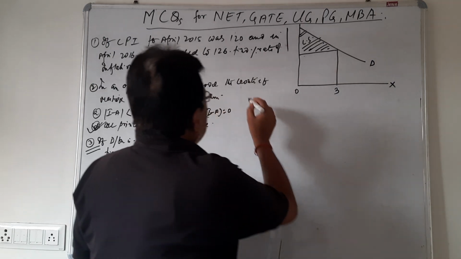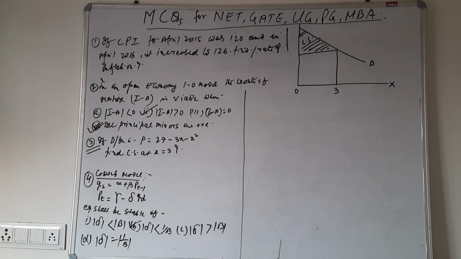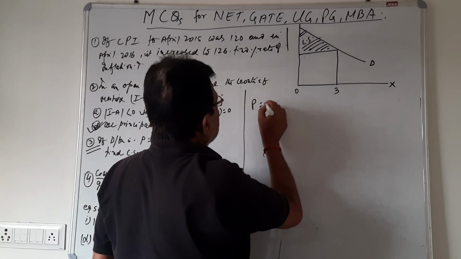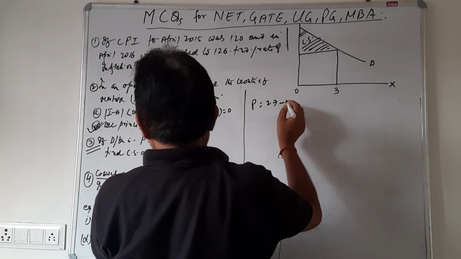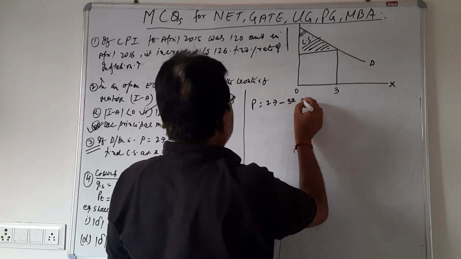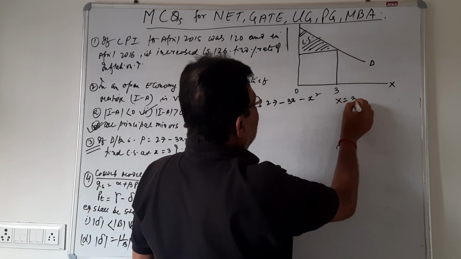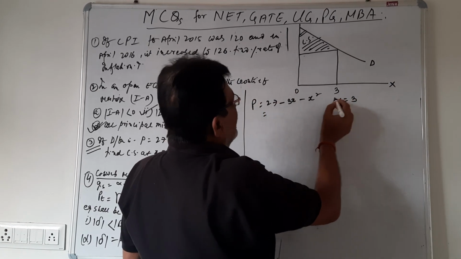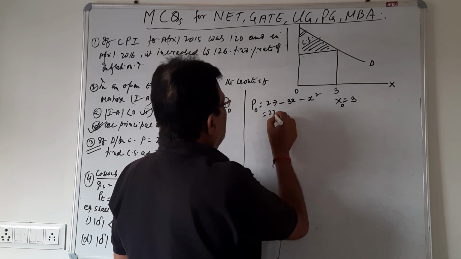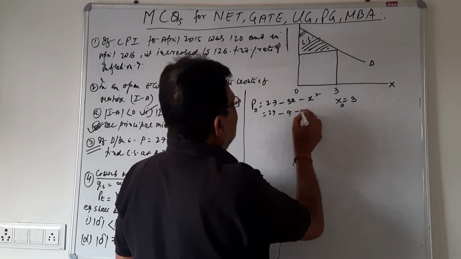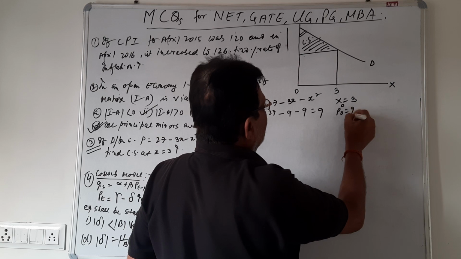Now, the demand function is P equals 27 minus 3x minus x square. Now x is 3, so put x in here. Take it as x0, so that will be P0: 27 minus 9 minus 9, so P0 is 9.